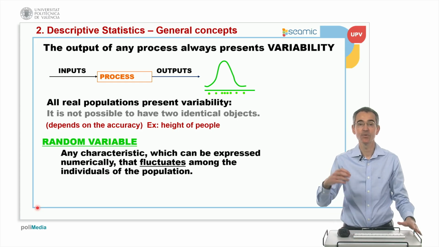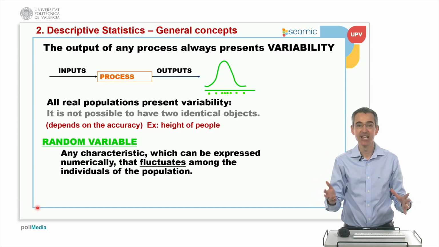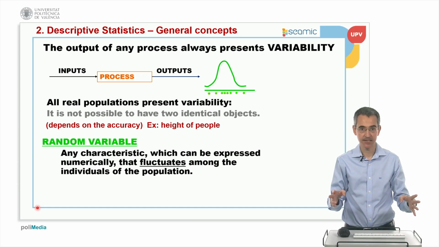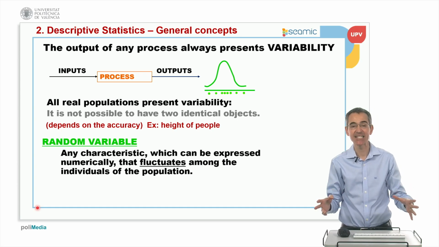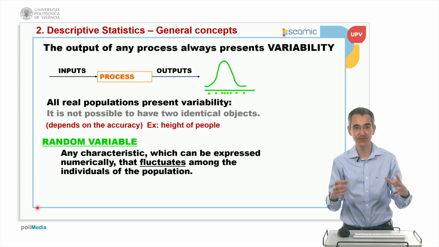Okay? So we define as random variable any characteristic which can be expressed numerically that fluctuates among the individuals of the population. Okay? So we are in statistics. Statistics is the science that wants to extract useful information from individuals.